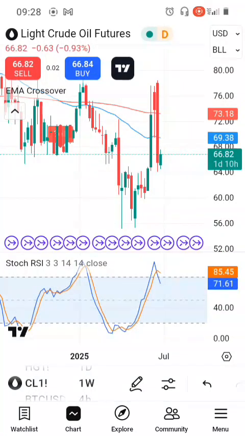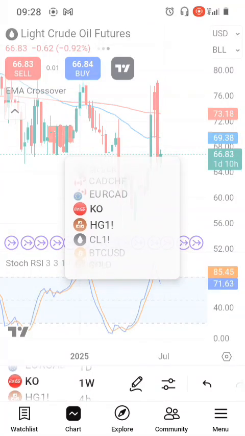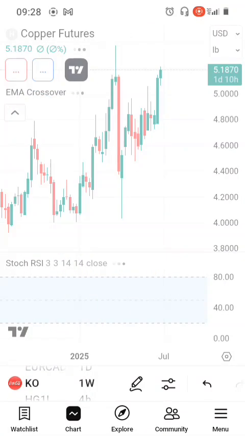Another one that I am watching closely is copper. Let me see what we have on copper.